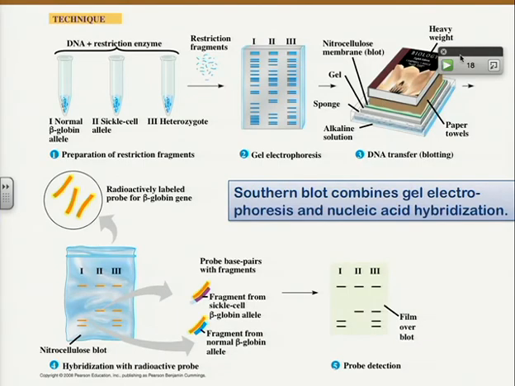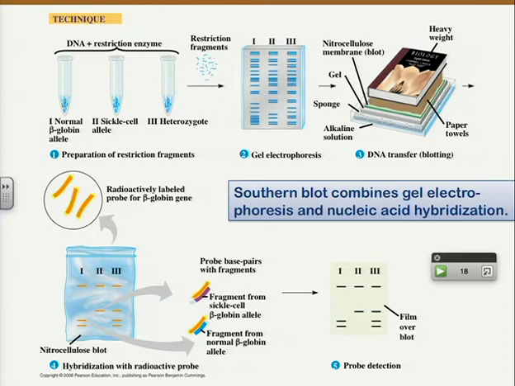So for example, if you take all of your DNA fragments from your libraries or anything else, you can separate the DNA fragments as a function of size by using a gel. The DNA gels are a little bit different from the protein gels, but I'm not going to take the time to elaborate on that.